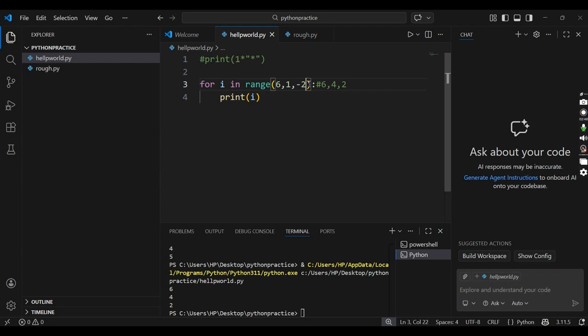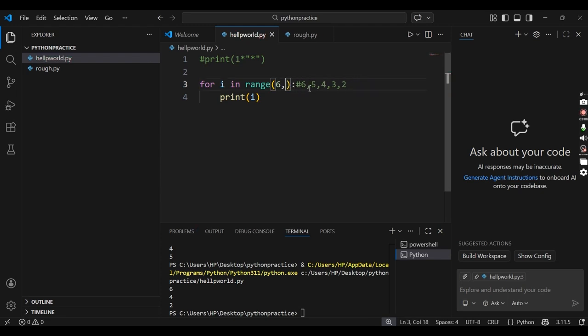But if it is minus 1, then we will go 6, 5, 4, 3, 2, and 1 will not be included because it is the second value.